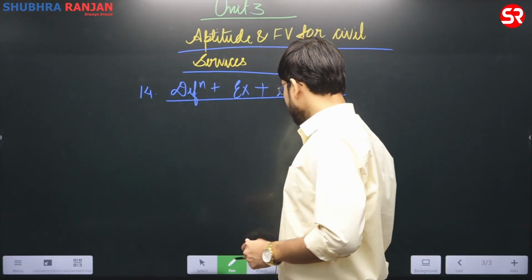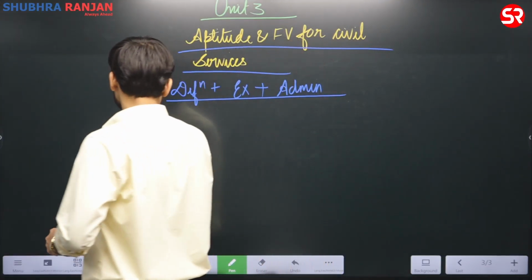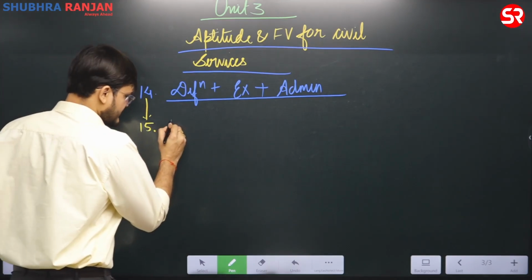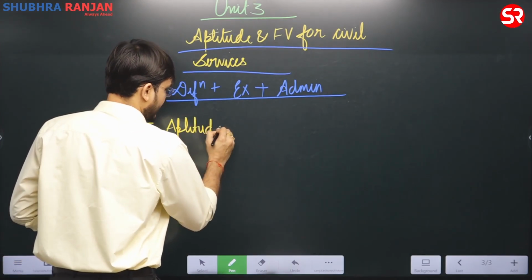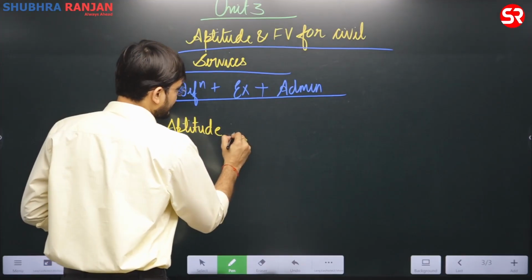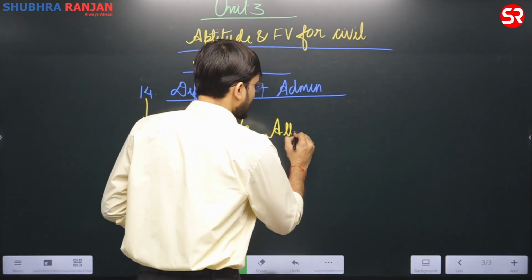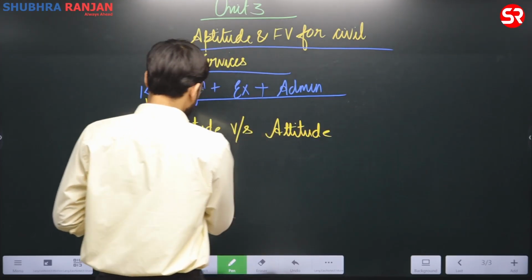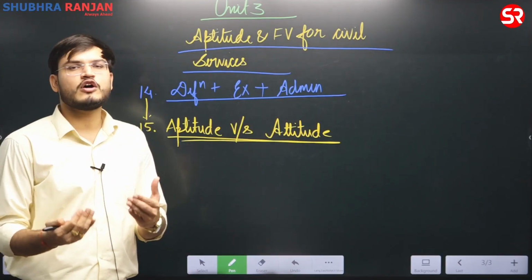If you see this particular unit, you'll find that various values have been asked. Although there is no question on aptitude so far, there is a high probability this year, for those who are writing mains, that they can ask questions on aptitude versus attitude, for example, both of these decide the altitude of success.